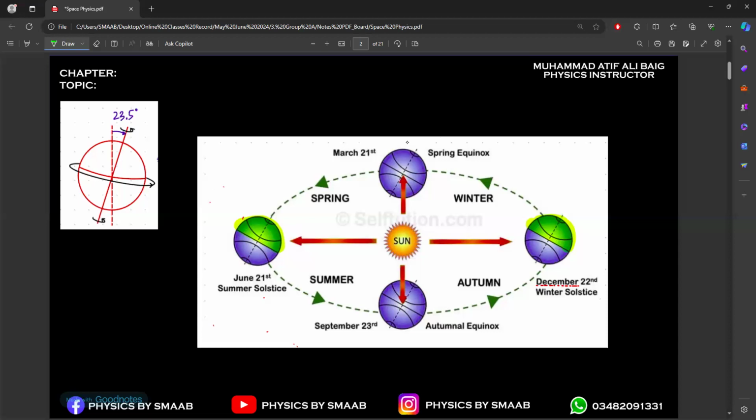And there is one more idea about the Earth. Just like we draw a normal in the light chapter to measure the angle, let's suppose you consider a round sphere, a complete proper circle. If you draw a straight line in the middle, completely in the center, this is called the axis.